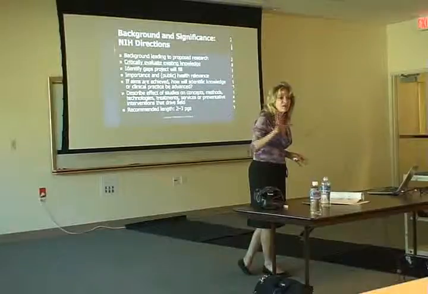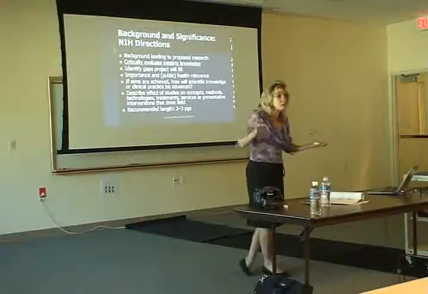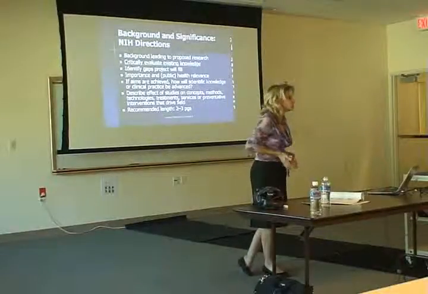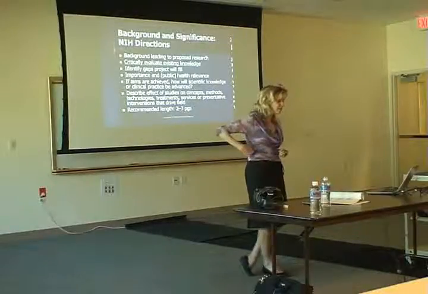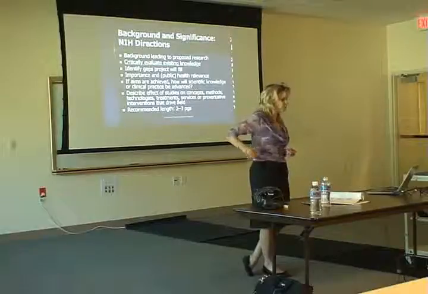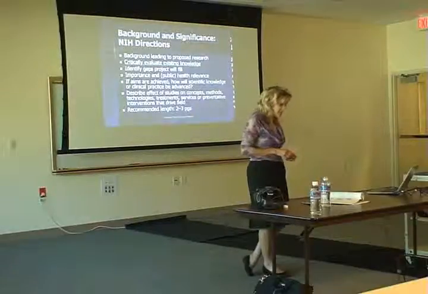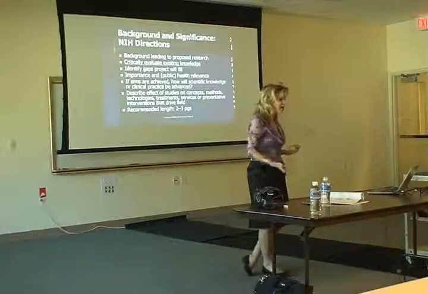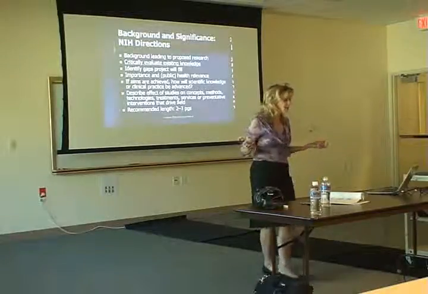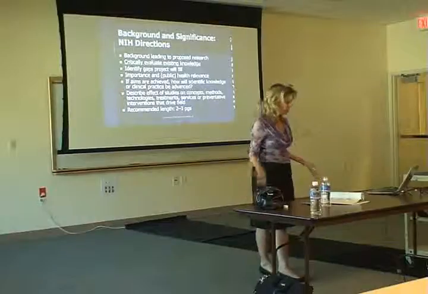When we read that, identify the gaps, the questions, controversies, contradictions in the literature that your project will address, the importance and public health relevance. If your aims are achieved, how will scientific knowledge or clinical practice be advanced? And the effect of your studies on the concepts, methods, technologies, services that drive your particular field.